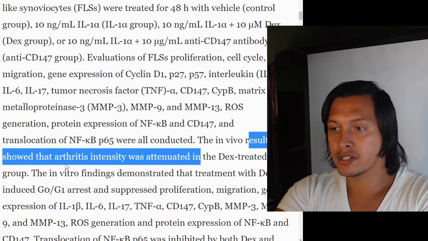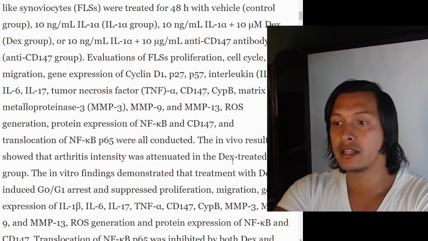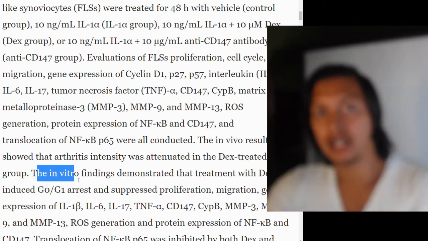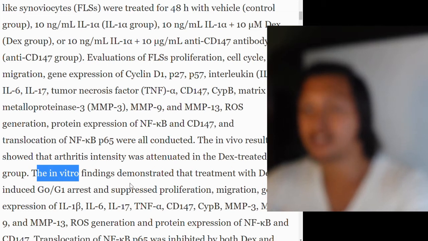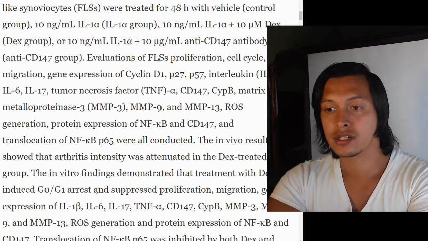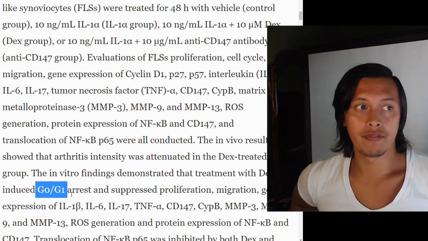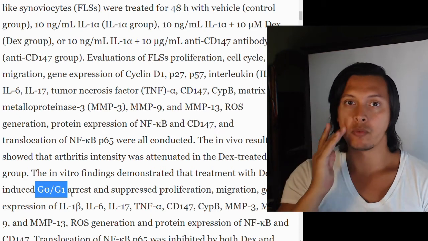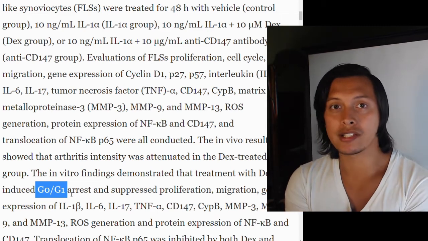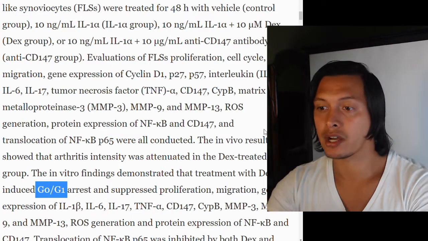The in vivo studies showed that arthritis intensity was attenuated, or lessened, in the dexamethasone treated group. And the in vitro, or in test tube, findings demonstrated that treatment with dexamethasone induced G0/G1 arrest. That is a checkpoint associated with the cell cycle, and if you arrest at G0/G1, you are stopping proliferation, or stopping mitosis of the cells.